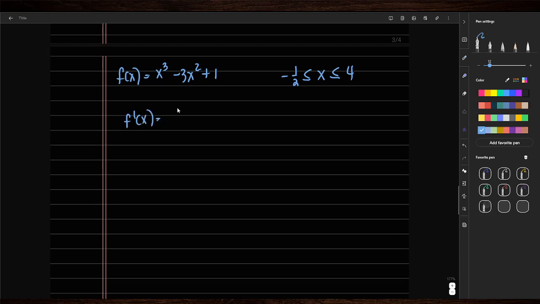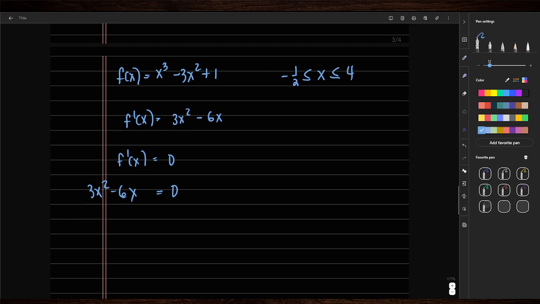Let's just say the requirement of this problem is to find the absolute maximum and the minimum values of the function. So we need to derive this one. So this becomes 3x squared minus 6x, no? If we equate this to 0, 3x squared minus 6x equals 0.